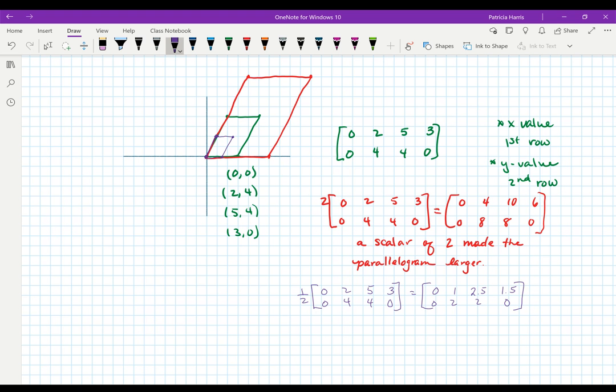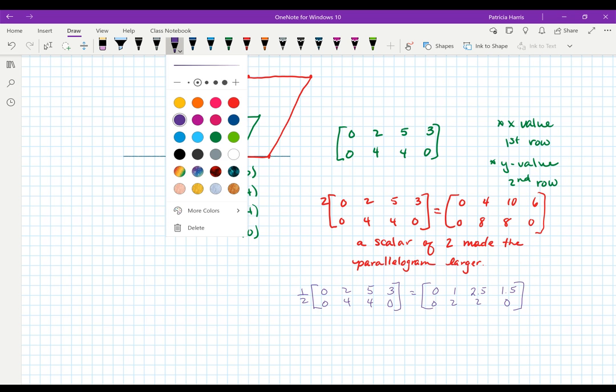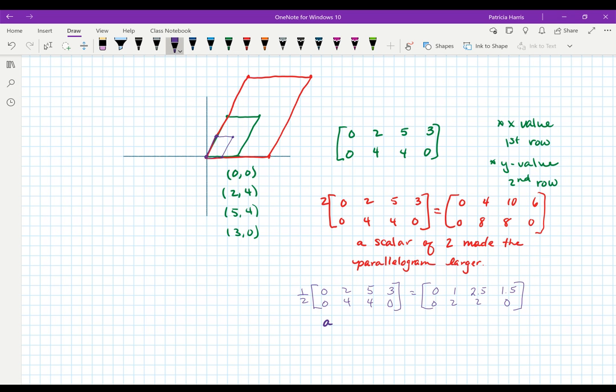Just like that. So what did that do to your parallelogram? A scalar of 1/2 made the parallelogram smaller.